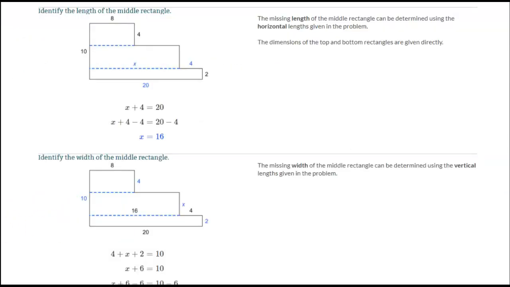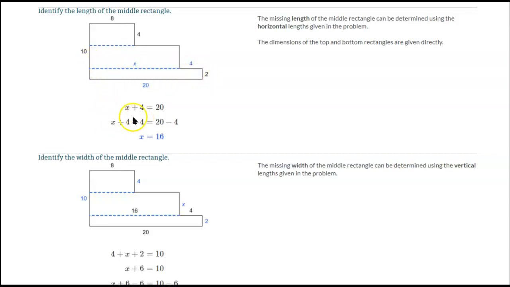Notice the missing length of the middle rectangle can be determined by using the horizontal length. So this length right here can be determined by saying x plus 4 equals 20. So this plus this equals all of this.